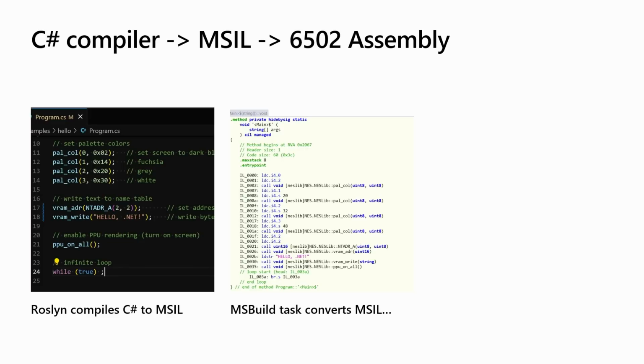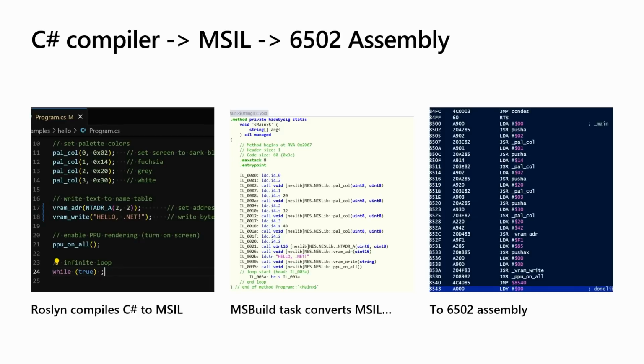That's what I use to debug what happened when we built this project, what's the output. You can view C# code or IL, and this is a picture of IL. And then the next step is to write an MSBuild task that can convert this IL into what the NES understands, which this is a screenshot of 8bitworkshop.com.